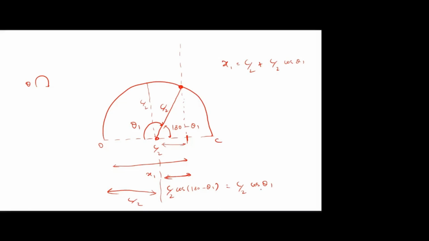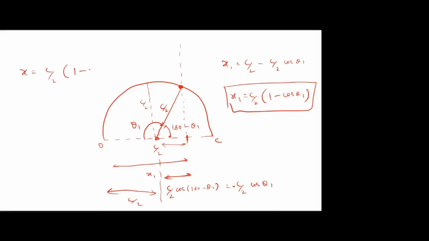So this is minus, and here also you'll get minus. So if you take c by 2 outside, it will be 1 minus cos theta 1. Previously we found x is equal to c by 2, 1 minus cos theta. Now it is x1, so you will get c by 2, 1 minus cos theta 1.